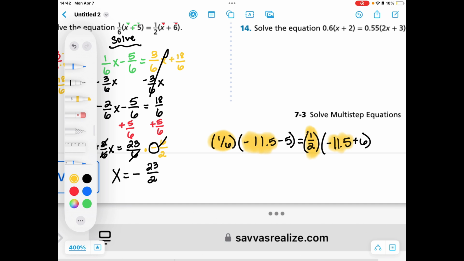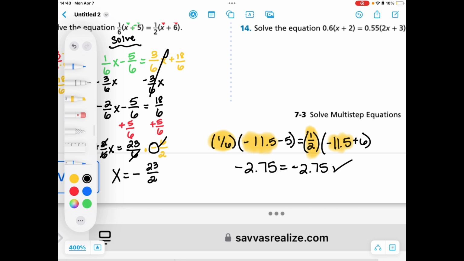So plugging it in, minus 5, that's going to be a negative 2.75. Now we're hoping and praying that this other side will give us the exact same. Negative 11.5 plus 6. It does. Negative 2.75.